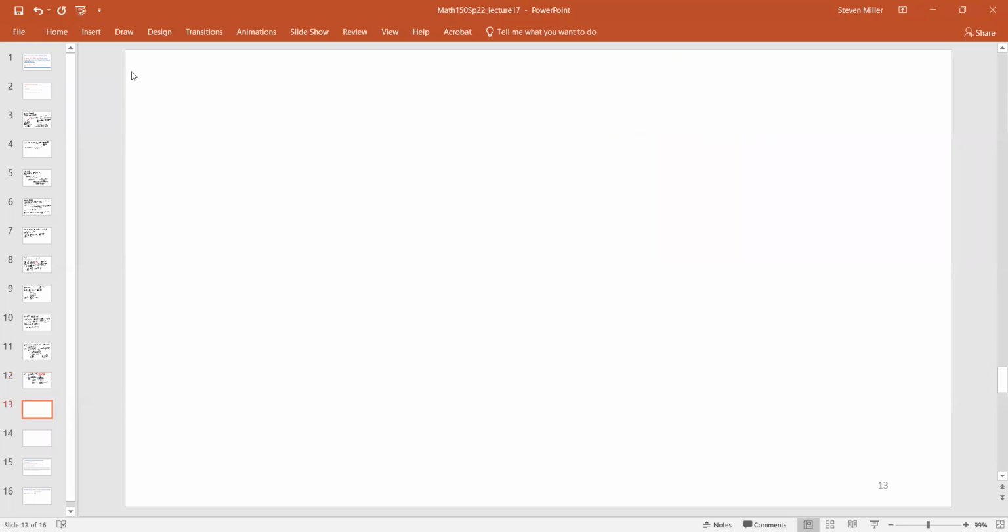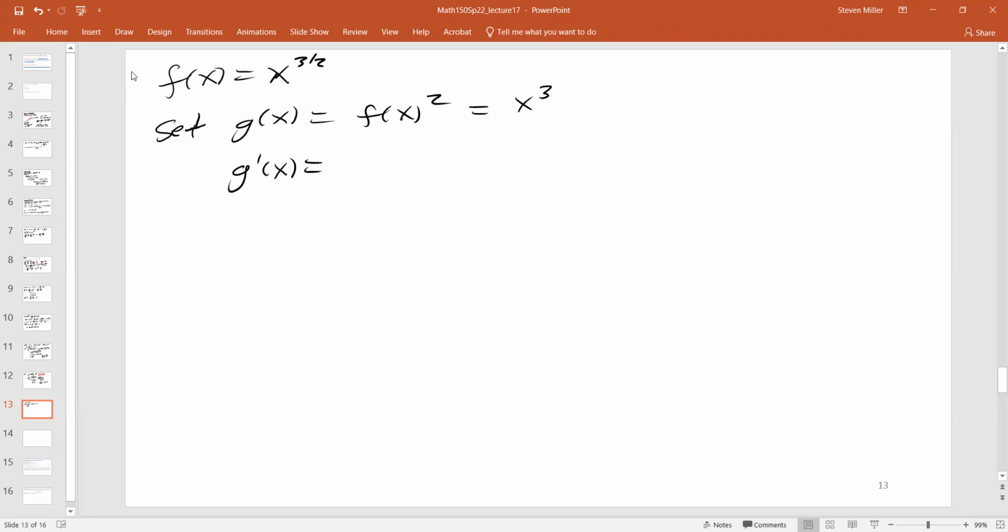The other way you can do the problem is, let's say we have f of x is x to the 3 halves. Set g of x equal f of x squared, which is x cubed. G prime of x, now you can either use the product rule or the power rule, is just going to be 2 f of x, f prime of x, which is 3x squared.